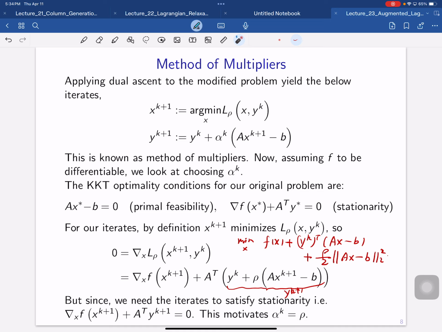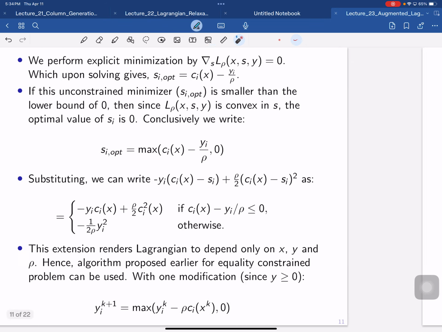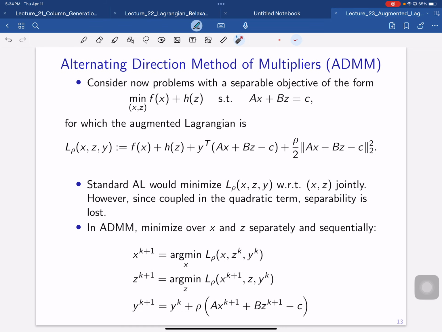So in other words, if you apply the method of multipliers to this problem, in this step you would optimize x and z simultaneously. So that will be L rho of x, z, yk.